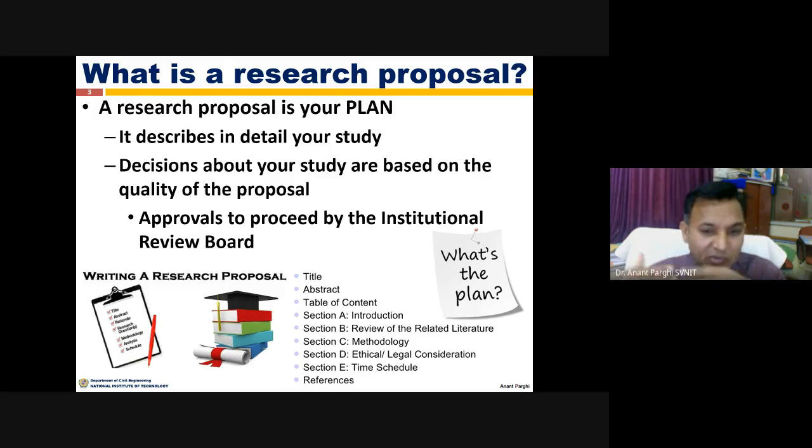For example, whenever you are submitting the research proposal, they'll say, okay, within 2 pages you have to give the research proposal, or within 10 pages you have to produce your research proposal, including references, text, figures, everything. So decisions about your study are based on the quality of the proposal.